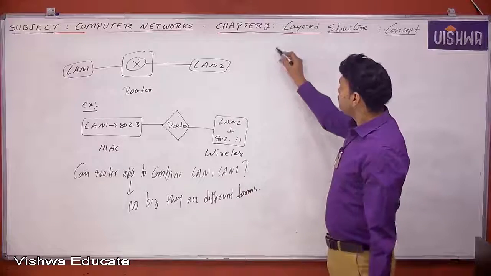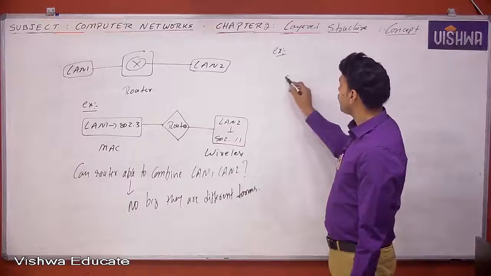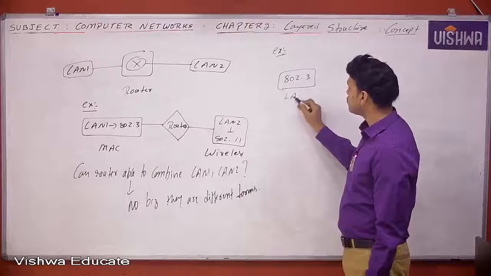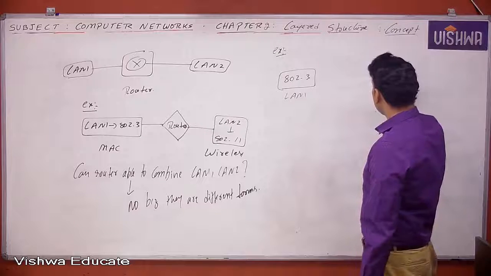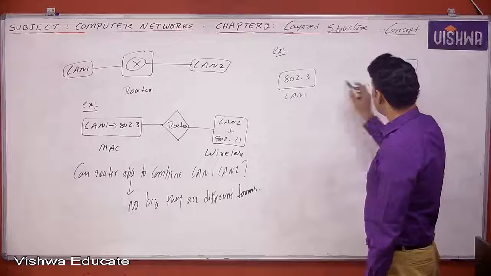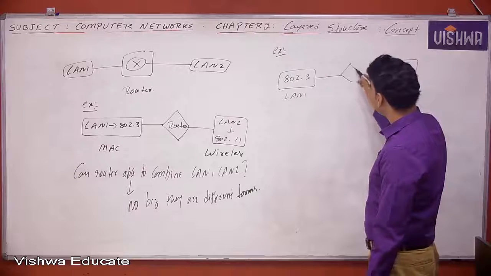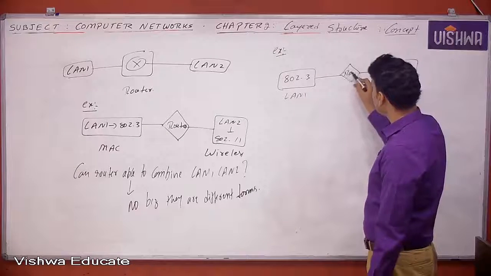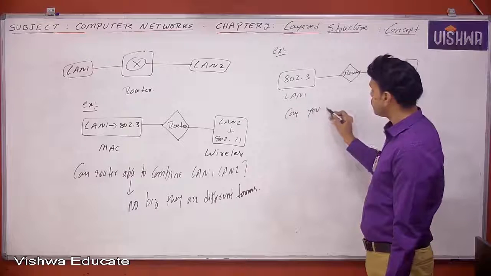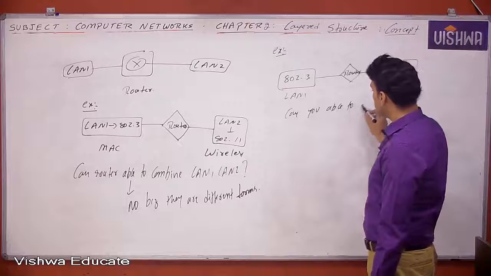My next question is, 802.3 LAN 1 and 802.3 LAN 2. Can they communicate with the help of a router? Of course. Can you combine them?